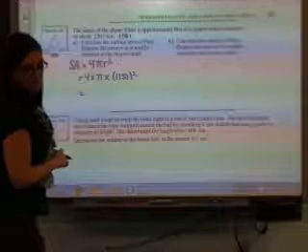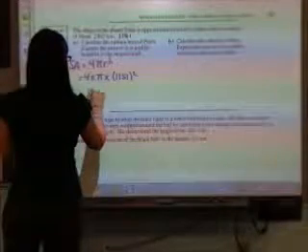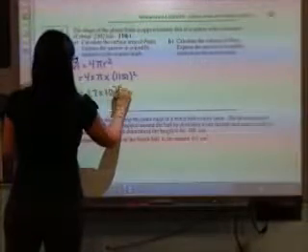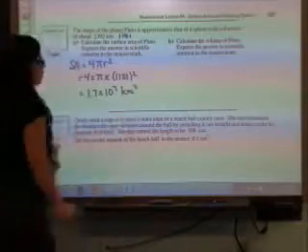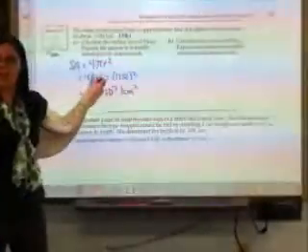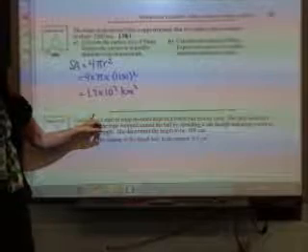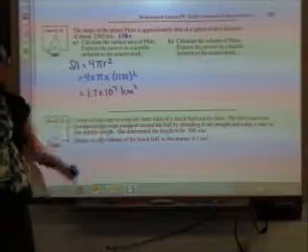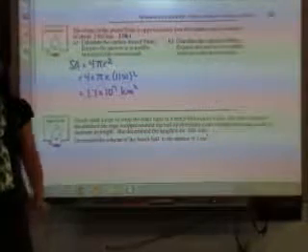So for scientific notation, .7 times 10 to the 7th square kilometers? Yes or no? Okay. Did your calculator automatically put it in scientific notation for you? No? Okay. Good. You should be able to do that yourself.